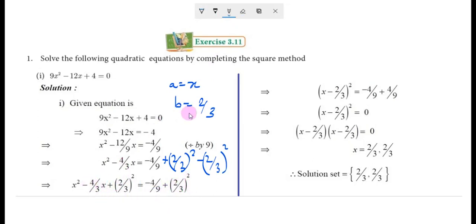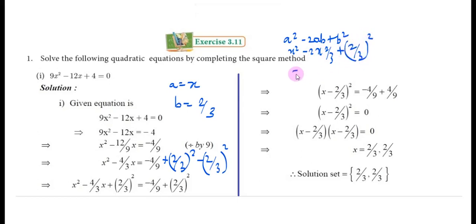Okay, now compare. Here we have a equal to x, b equal to 2 by 3. So what is a minus b the whole square? A square minus 2ab plus b square. A square value x square, minus 2, a value x and b value 2 by 3, plus b square value 2 by 3 the whole square, that is equal to x square minus 4x by 3 plus 2 by 3 the whole square.